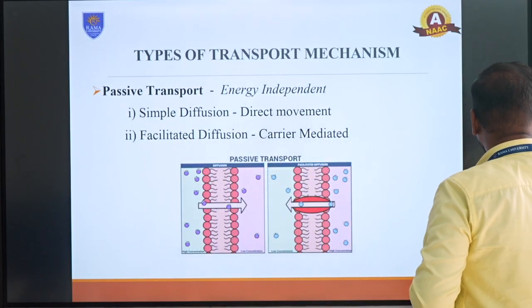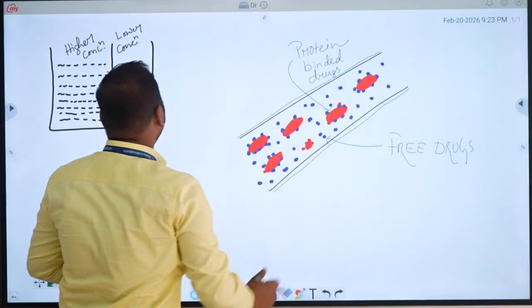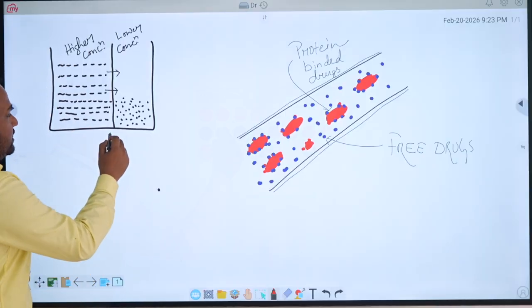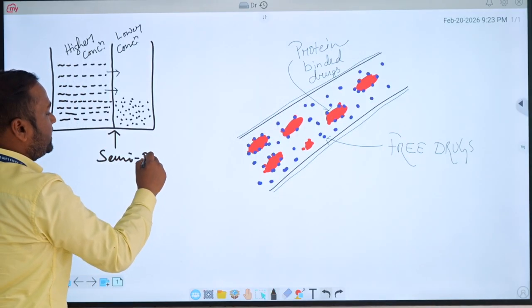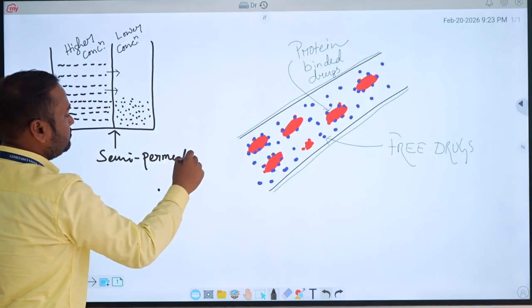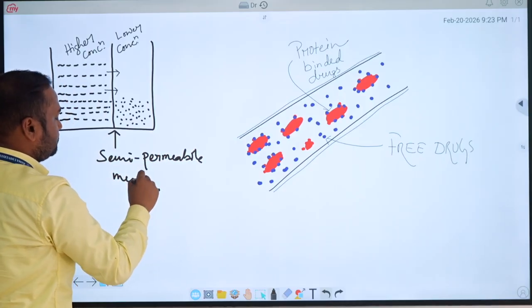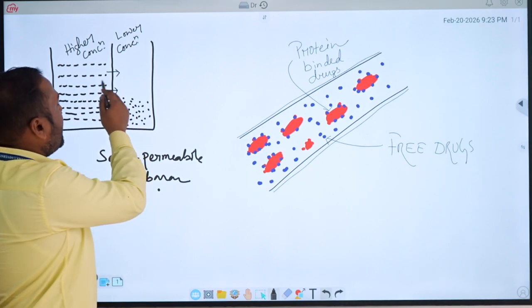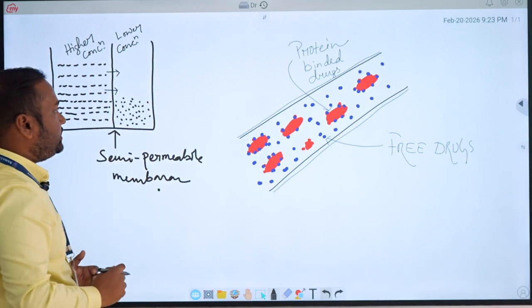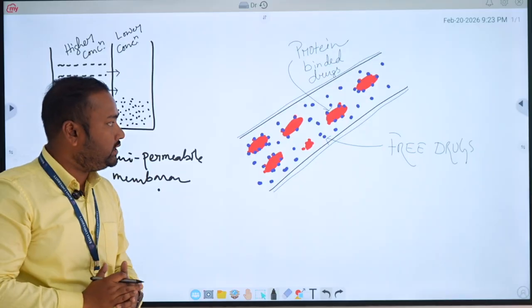So with this I am giving an example. Here you may see a layer which is a semi-permeable membrane, where the molecules are moving from higher concentration to lower concentration. It always happens in simple diffusion.